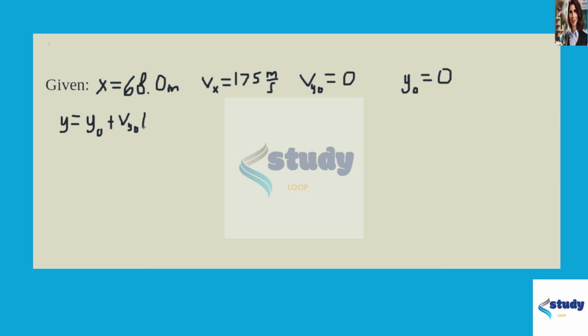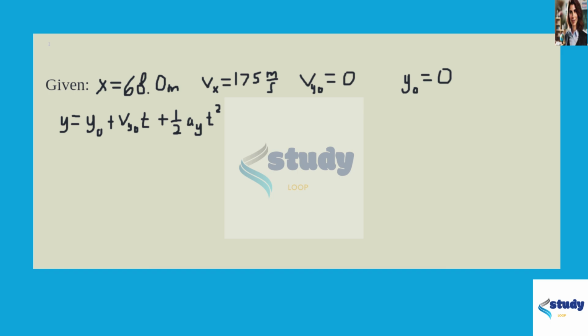Since y is in units of distance, v of y times the time also gives you units of distance. So we also have plus 1/2 acceleration in the y direction times t squared. Acceleration is meters per second squared, times t squared gets you back to units of distance. So we have the correct units in all of these cases.